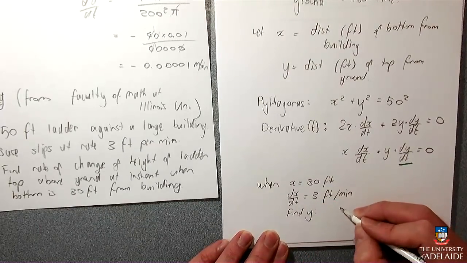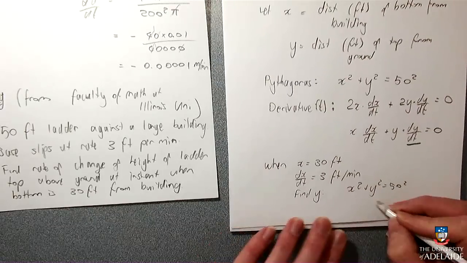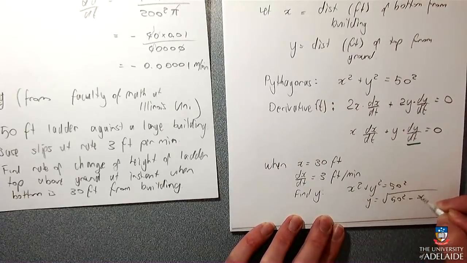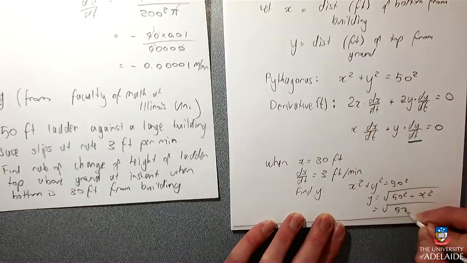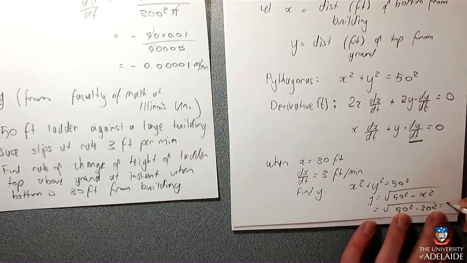So let's see. x squared plus y squared is 50 squared. So y would be the square root of 50 squared minus x squared, which is whatever that is. Which is 40. Aha! Look at them making it easy for us.